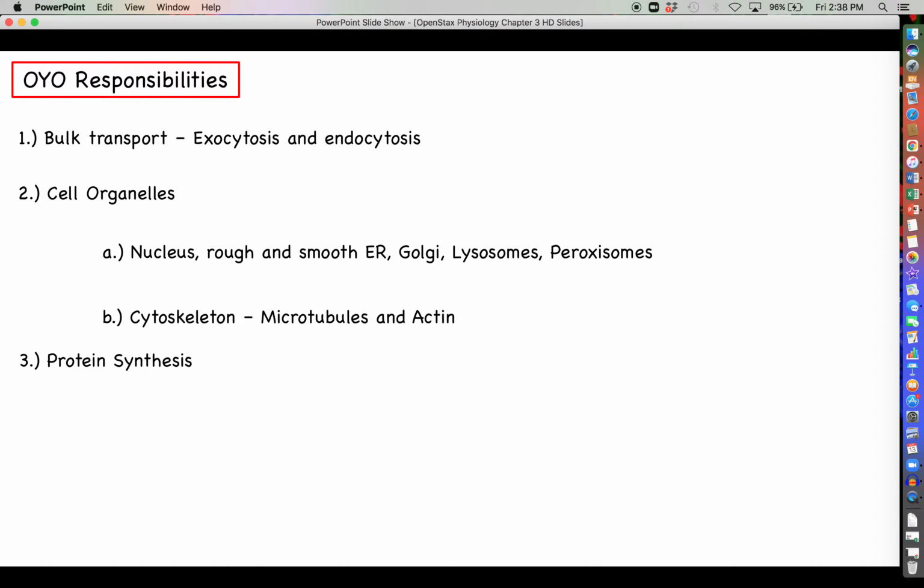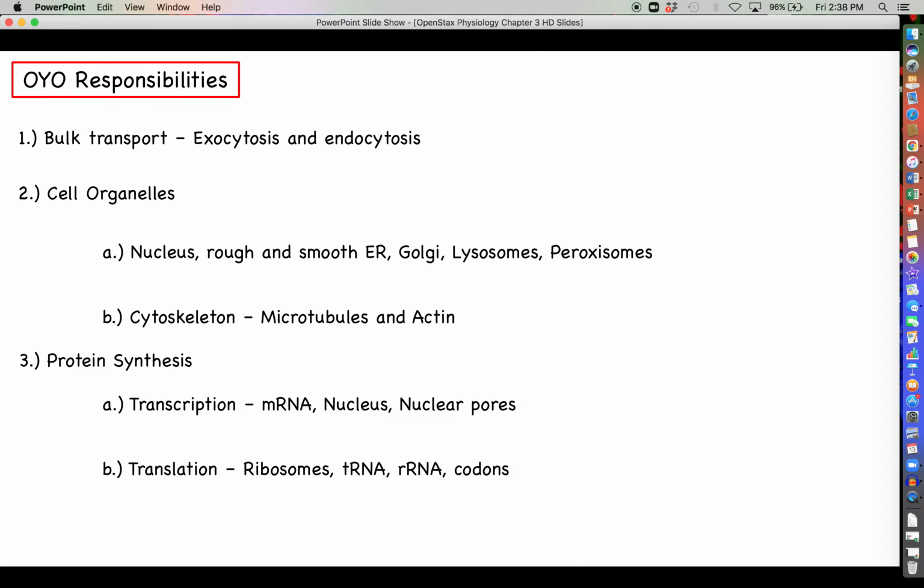And then your major responsibility for your on-your-own work is making sure that you've got the protein synthesis process down. This begins with transcription, the synthesis of messenger RNA molecules using a DNA template. Those mRNA molecules have to be exported out of the nucleus through nuclear pore complexes, and then the translation process begins, in which ribosomes capture those mRNA molecules, and working together with tRNAs that carry amino acids and rRNAs, which make up the most important parts of the ribosomes, they synthesize proteins amino acid by amino acid.